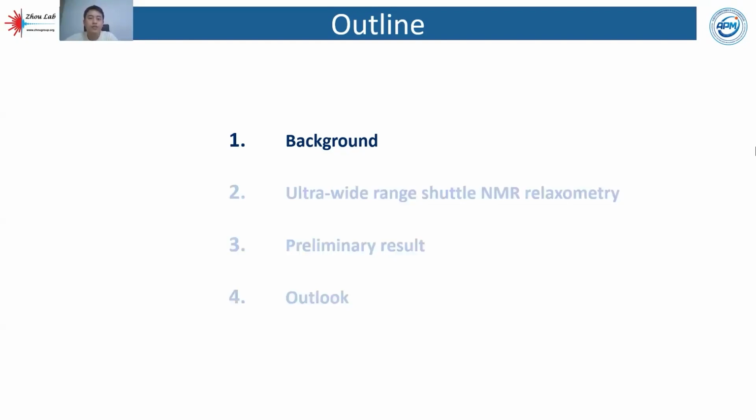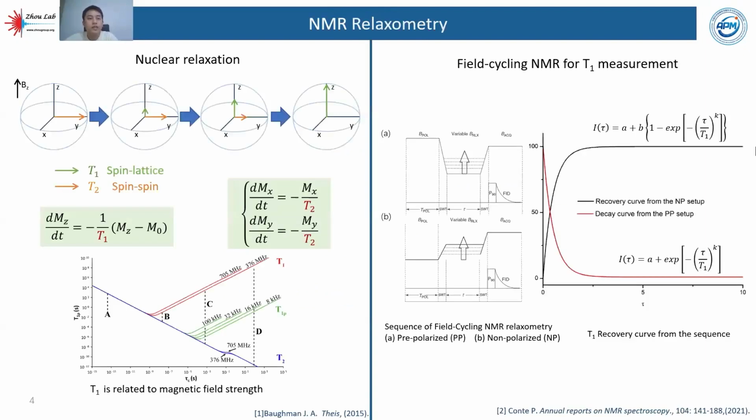First is the background about this topic. NMR relaxation is a process by which an excited magnetic state returns to its equilibrium distribution. There are two mechanisms involved, spin-lattice and spin-spin.